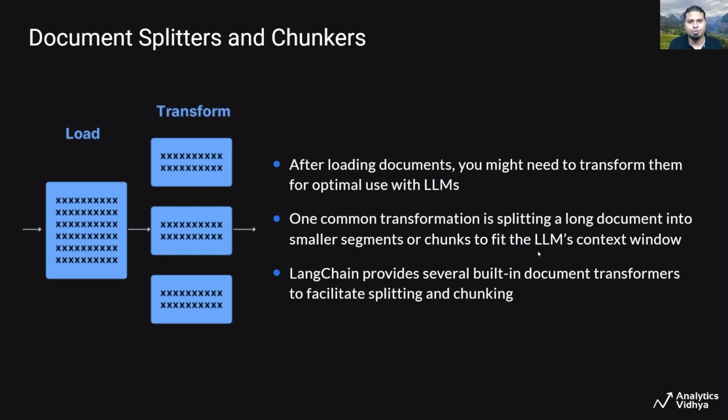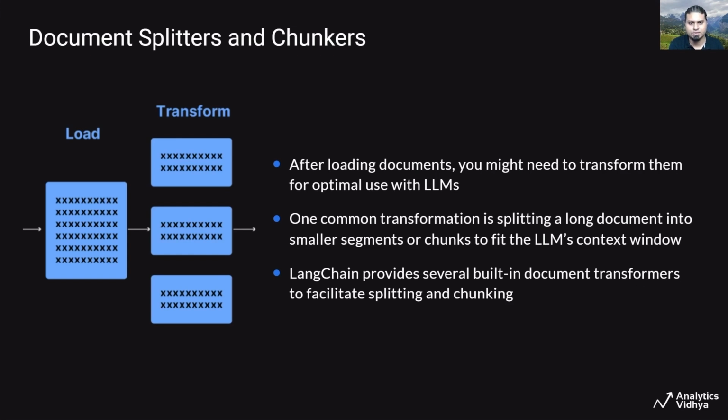So the idea is to chunk the documents into smaller, more manageable chunks so that you can retrieve the most relevant chunks based on your question, your task, and so on.